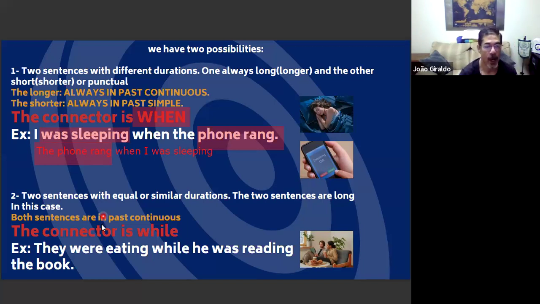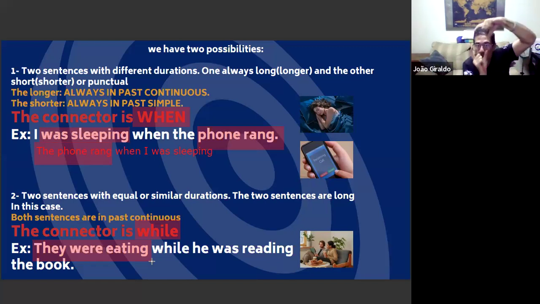In this case, we need to use the connector while to indicate duration, and my two sentences are in past continuous. So, for example, they were eating 15 minutes, eating something, having a juice or a Coke. They were eating.